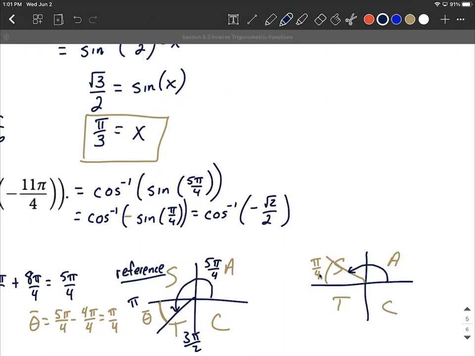That's going to have a reference angle of pi over 4. To calculate this angle, we start with pi minus pi over 4, which gives us 3/4 of a pi remaining.